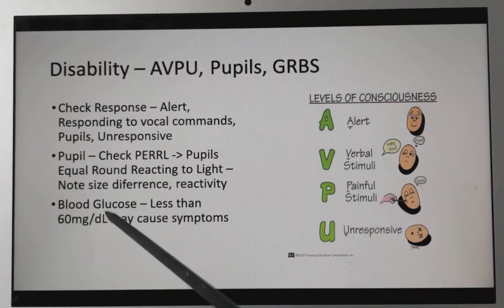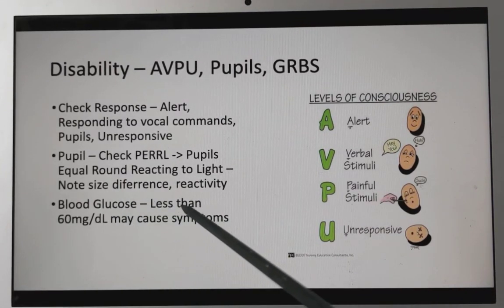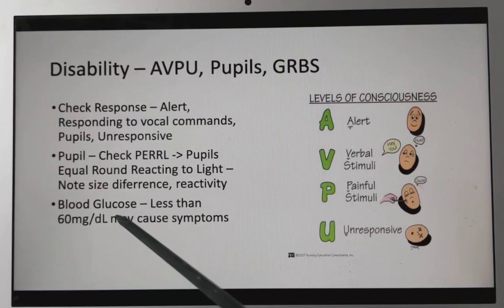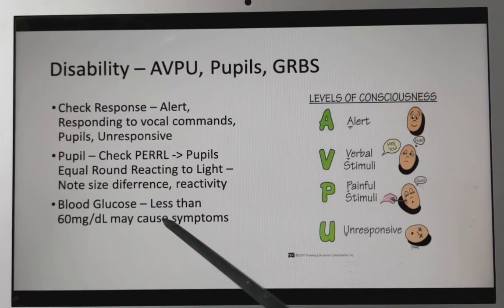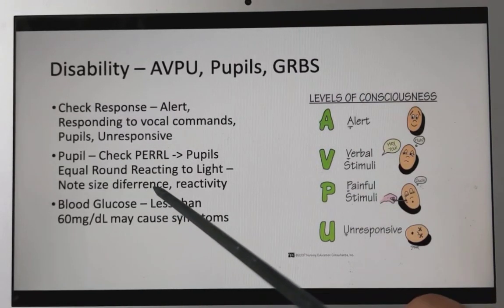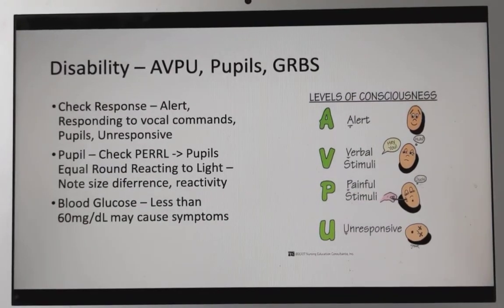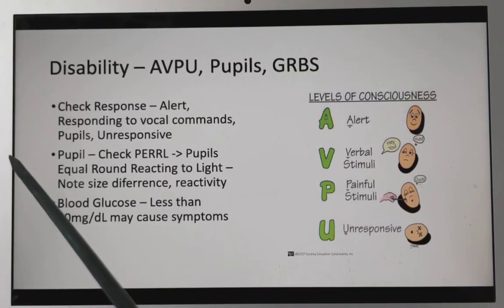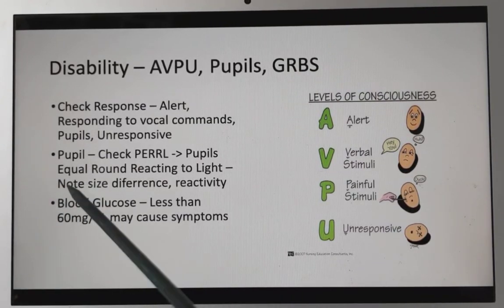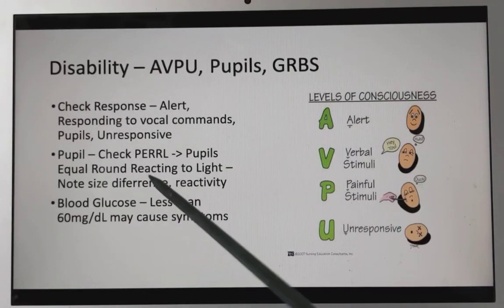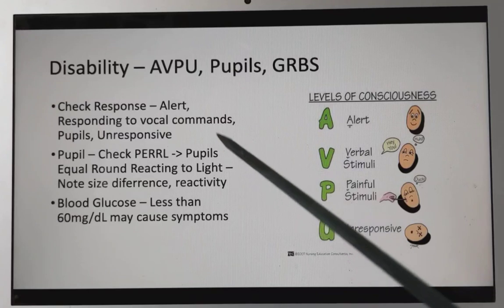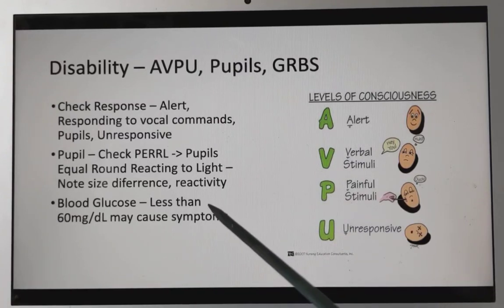And then you can look at blood glucose. If it is less than 60 milligram per deciliter, then that may cause symptoms. Or if we are checking in millimoles per liter, the usual values are 3.6 to 5.8 millimoles per liter, which is where the body keeps it.